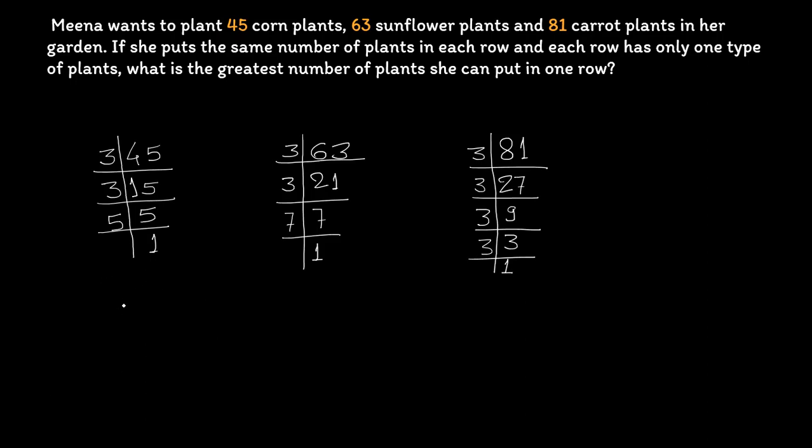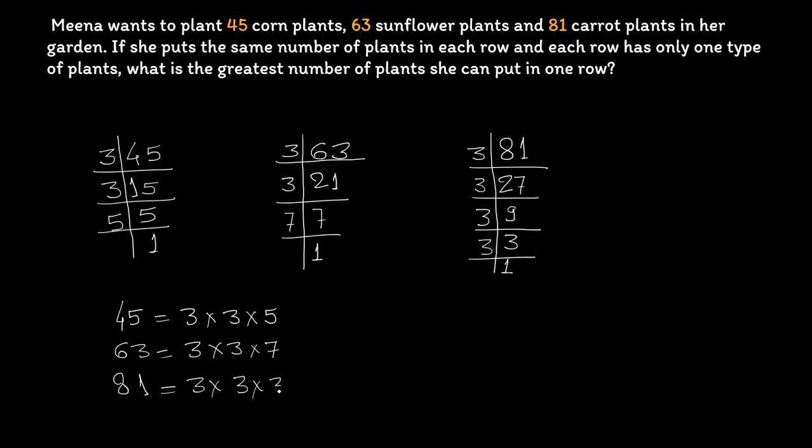Let's note down all the factors here. Factors of 45 are 3 times 3 times 5. Factors of 63 are 3 times 3 times 7. And the factors of 81 are 3 times 3 times 3 times 3, all 3s.